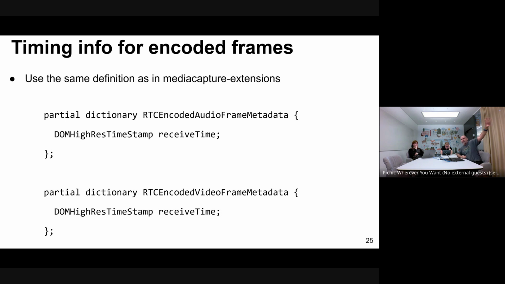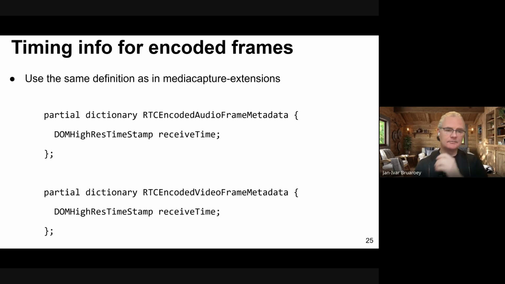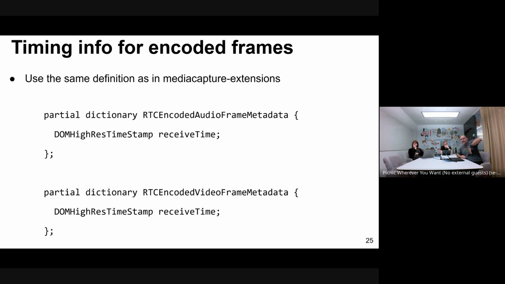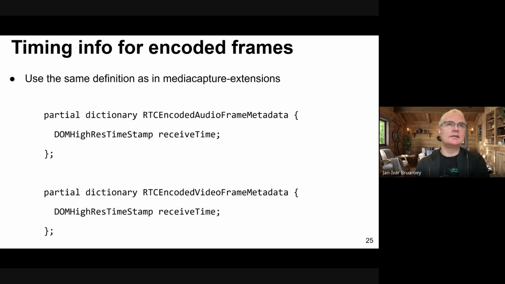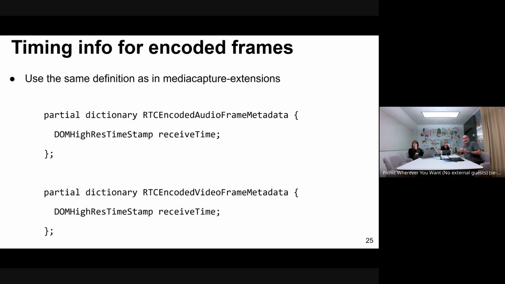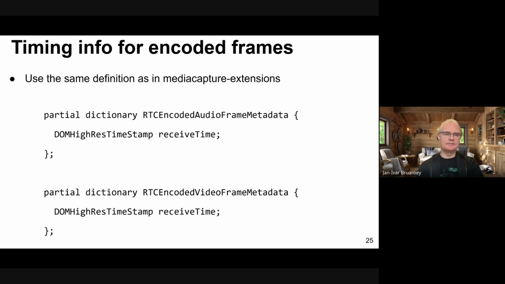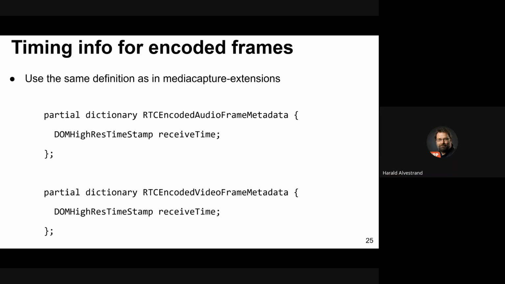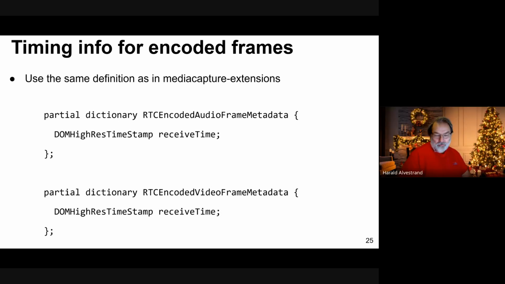The encoded source would be on the remote side. Right, but I guess there are use cases where there's no remote side, like WebCodecs into an RTC encoded source, for instance. It's a detail. Once you see it in the receiver. So once the receiver received it, yeah. Okay, thanks. So it seems logical that things that are not received don't have a receive time. Exactly.